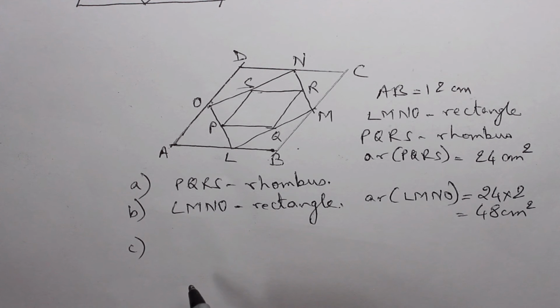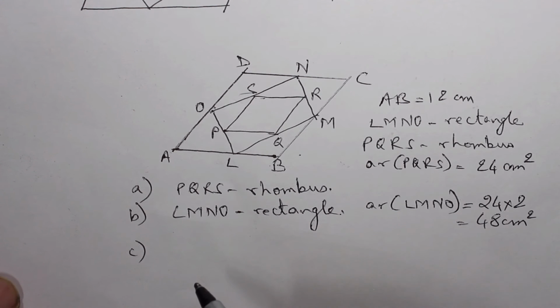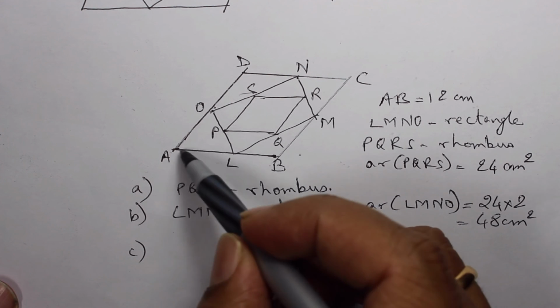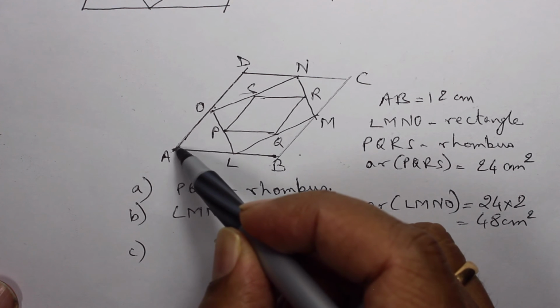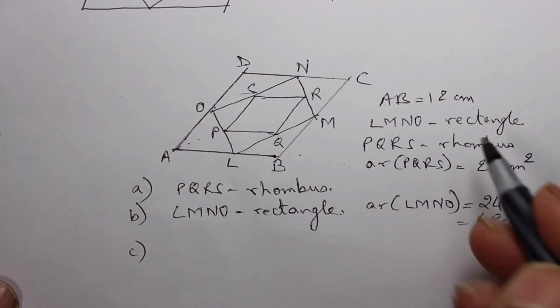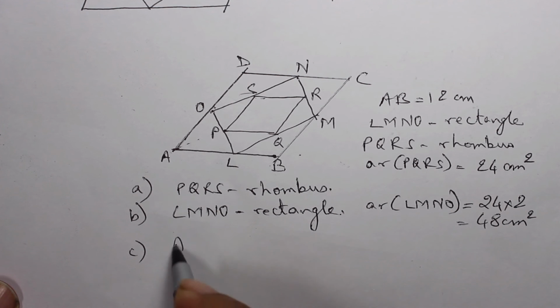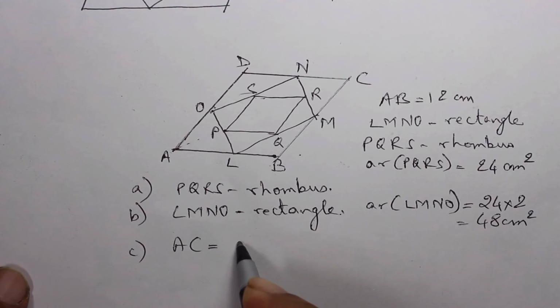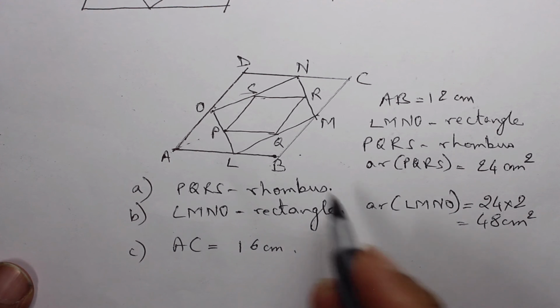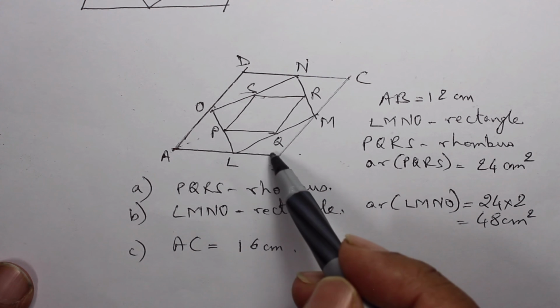So the next part is if the longer diagonal of ABCD is 16 centimeters. So ABCD longer diagonal is actually this. So what is also given is AC is equal to 16 centimeters, and what we have to find out is the length of BD.